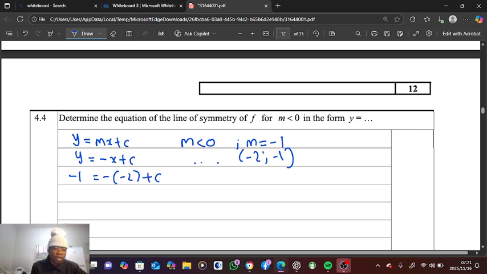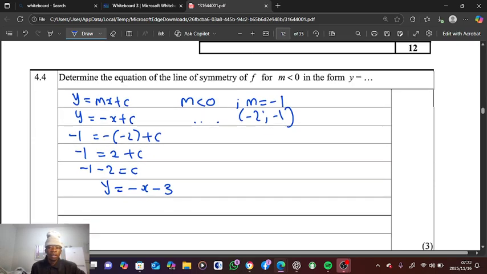We're just going to have negative 1 is equal to positive 2 plus c, then negative 1 minus 2 is going to be c. Therefore, y is equal to negative x, then our c is negative 1 minus 2, which is the same as negative 3. Therefore, they say we should give it in the form of y equals something, so it's going to be y equals negative x minus 3.